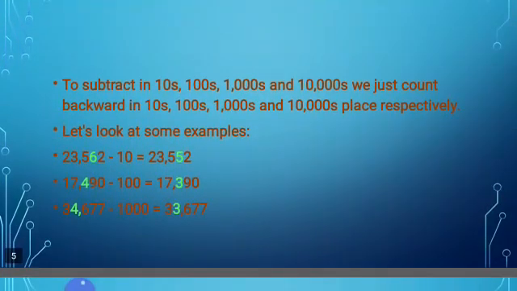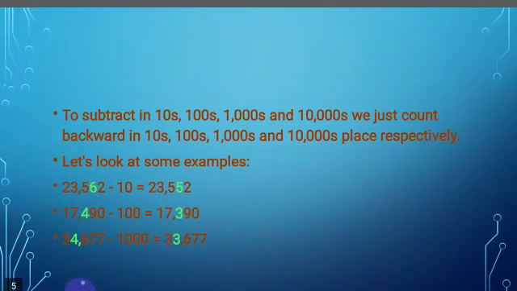Also, to subtract in tens, hundreds, thousands, and 10,000s, we just count backward in tens, hundreds, thousands, and 10,000s place respectively. Let us look at few examples here. 23,562 minus 10 is equal to 23,552.